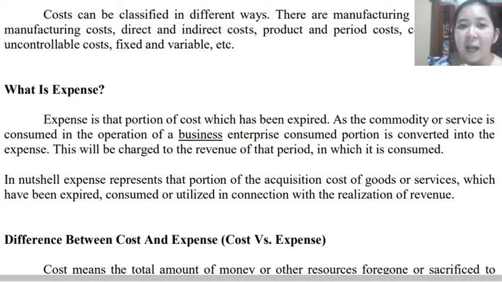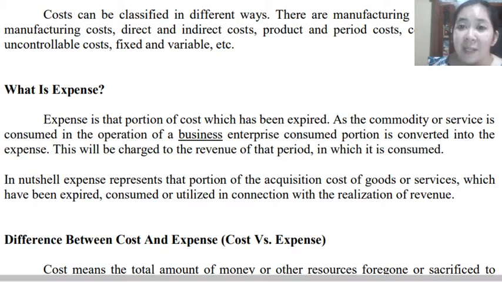Expense is also part of the cost of manufacturing the goods or rendering of services. But these expenses are consumed in the operation of a business, and these expenses are not capitalized in the asset account. Meaning to say, these are the amounts spent by the entity which do not qualify to be capitalized in the inventory account.